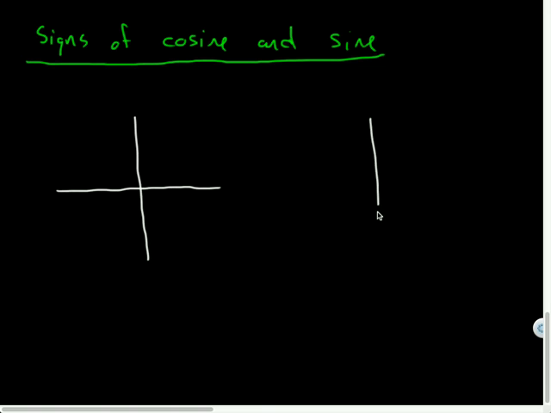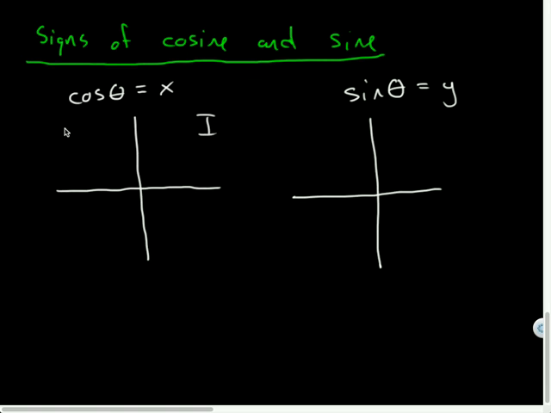So let's consider cosine over here. Cosine of theta and sine of theta. Remember, cosine is equal to x, and sine is equal to y.